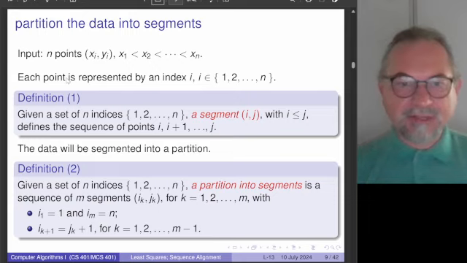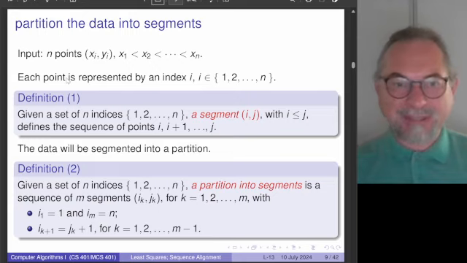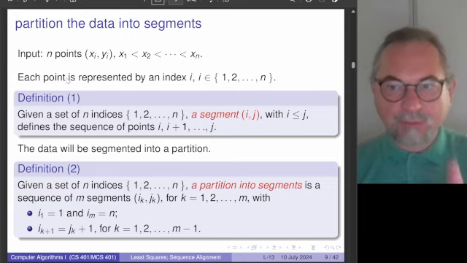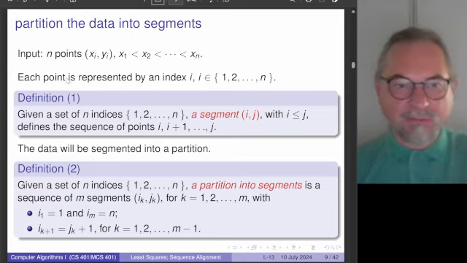We have m segments, where m is typically much less than n. The last index is n, so this means that we are not excluding any points. And then the next segment starts with the point immediately following the end of the previous segment. So this is what this formal definition says in words.